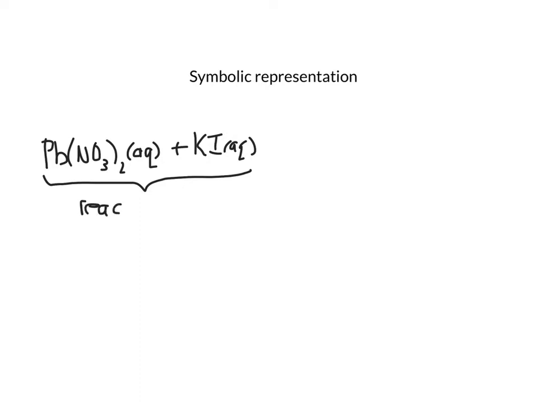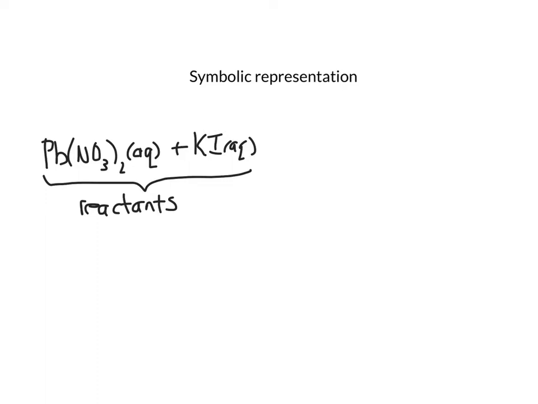So to do that, we're going to use an (aq) in parentheses to indicate that that compound was dissolved in water. So we took a solution of lead nitrate in water, and we added it to a solution of potassium iodide in water. And so we have here on the left-hand side what we call the reactants, the things that we mix together.